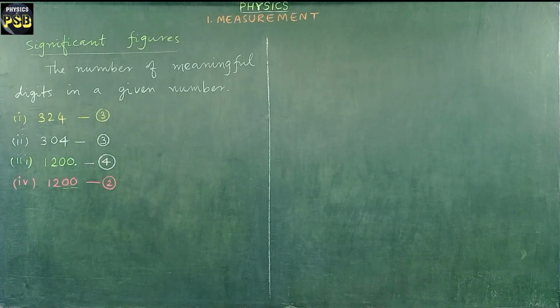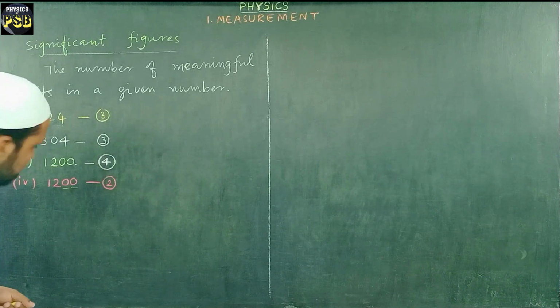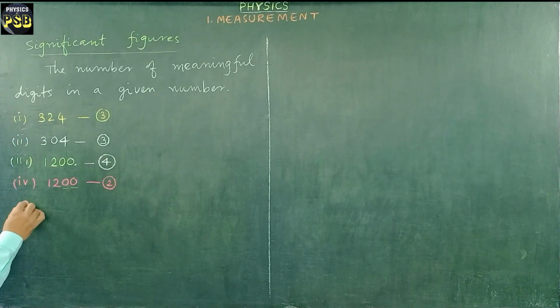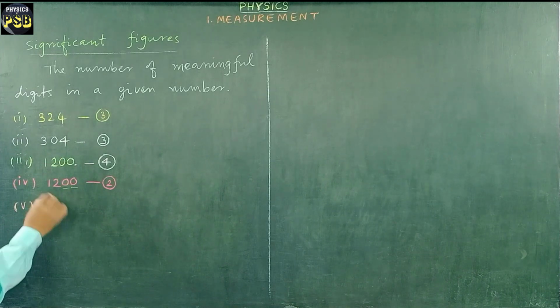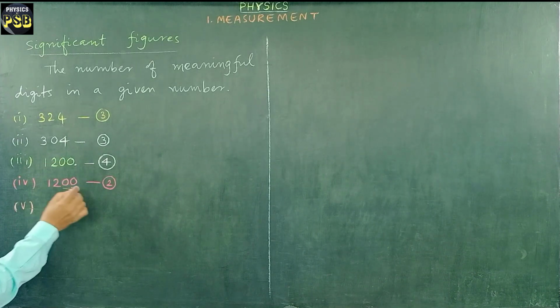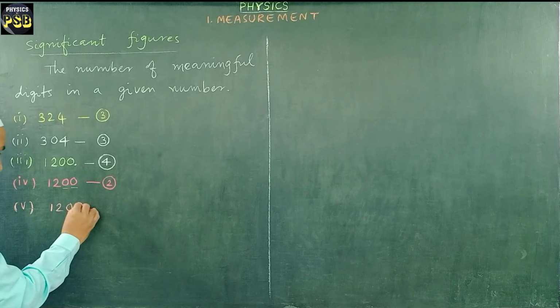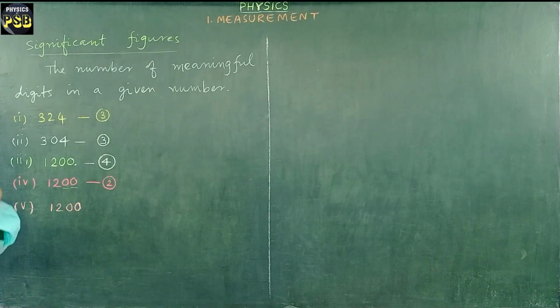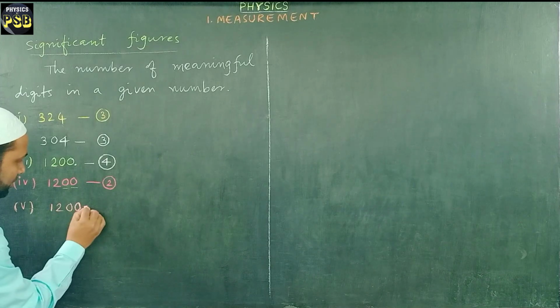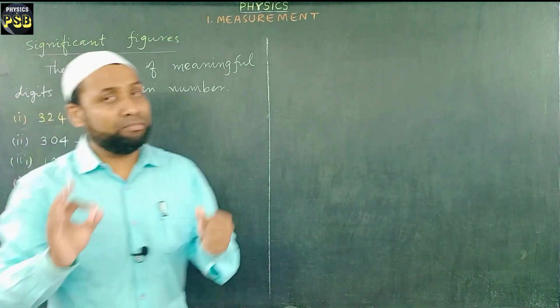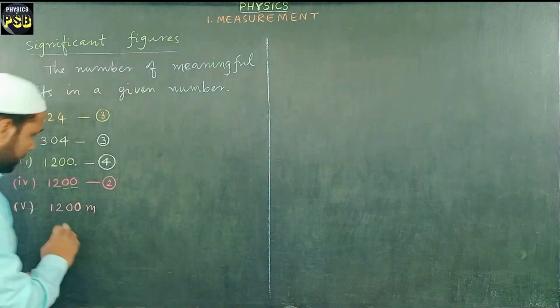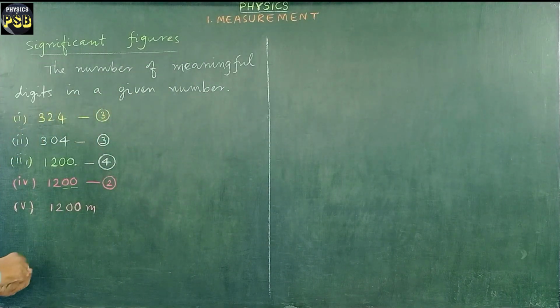Then, suppose instead of 1200, it is obtained as a result of some measurement. I have 1200 meter. This shows that it is obtained as a result of some measurement. Then these two zeros become significant.